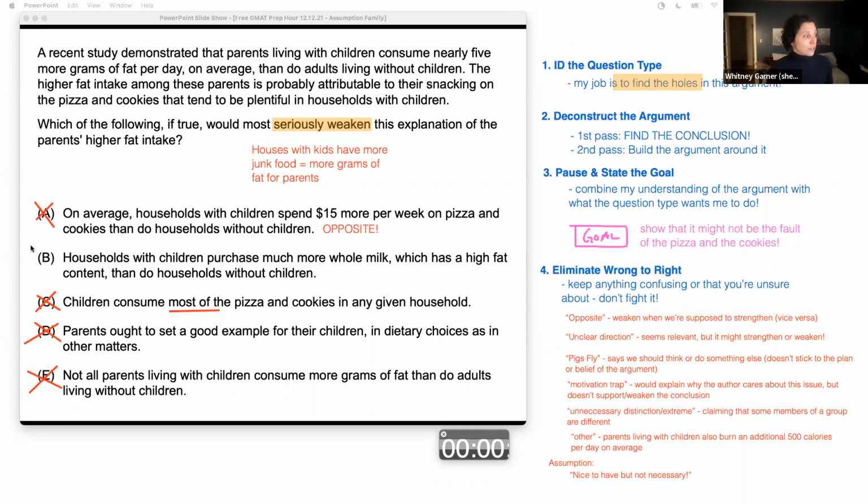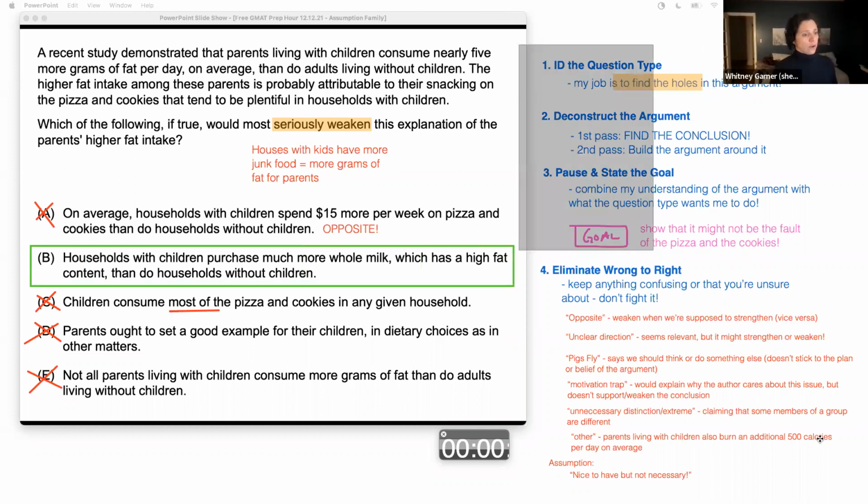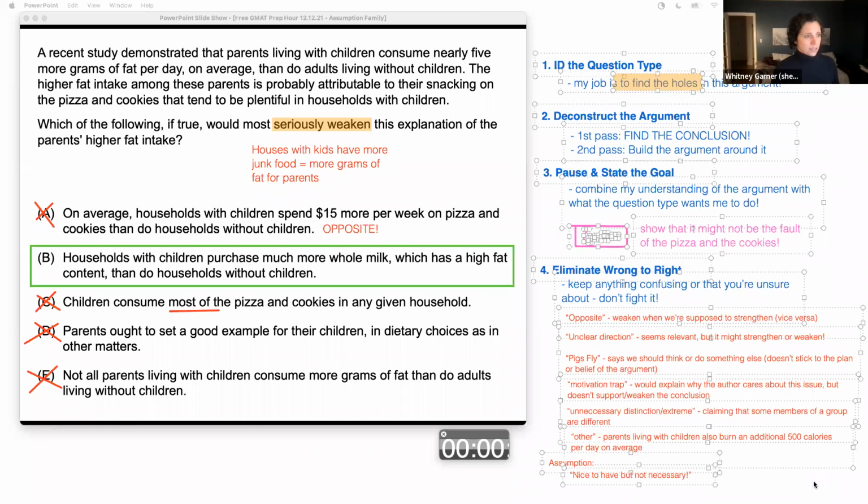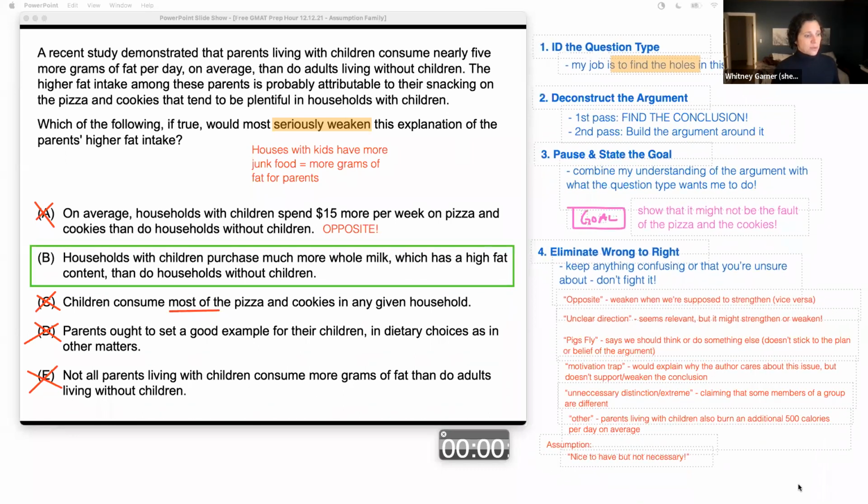So what I'd like to encourage you to do, oh, and I should say, there is one other wrong answer type. And this one's easy enough to just describe. It's what I call a code switch.